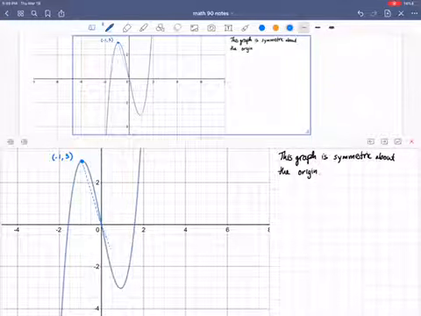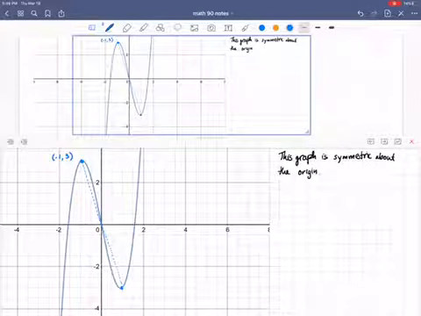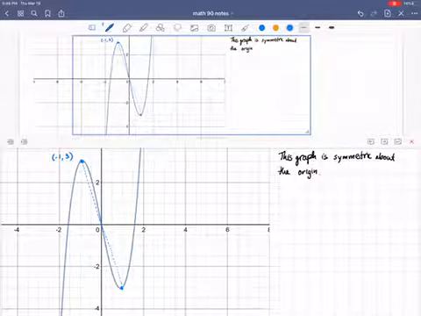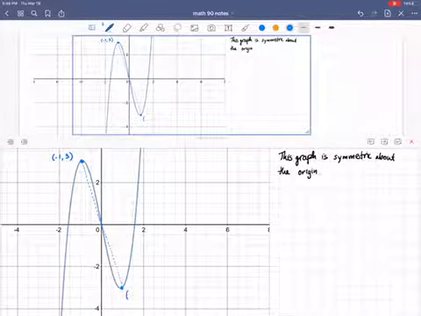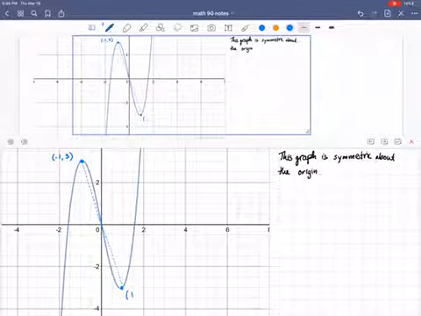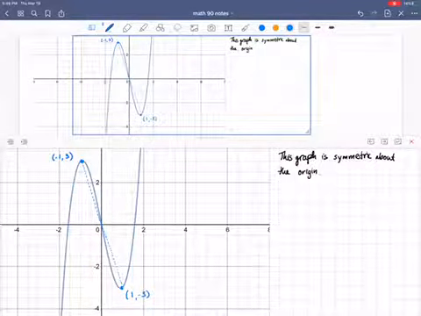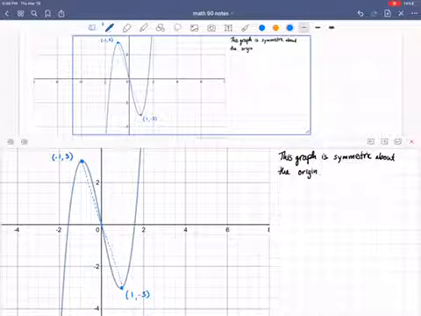I'm going to dot through the origin until I get down to a point on the graph that's on the other side. And if you look at the coordinates of this point, its x-coordinate is +1 and its y-coordinate is -3. So it looks like both of the coordinates switch signs.